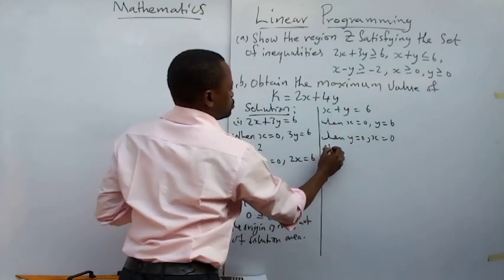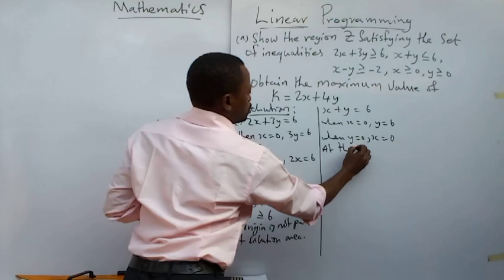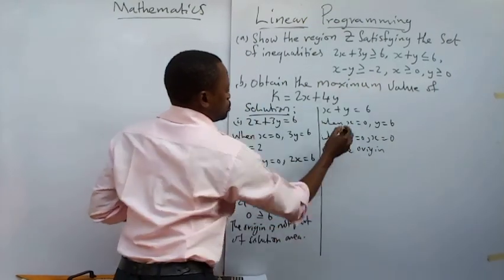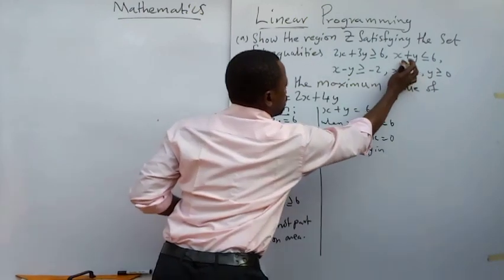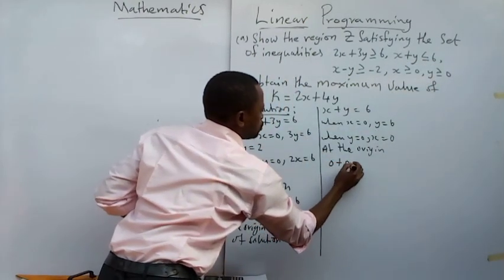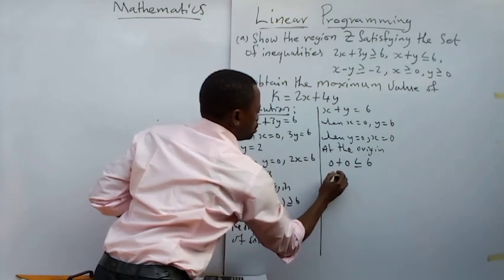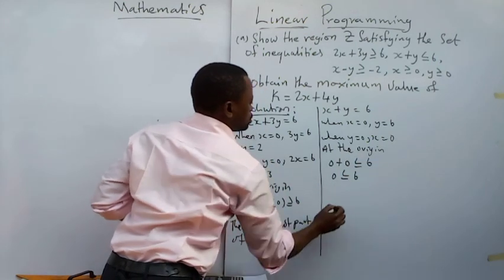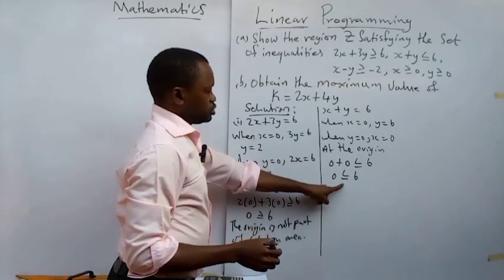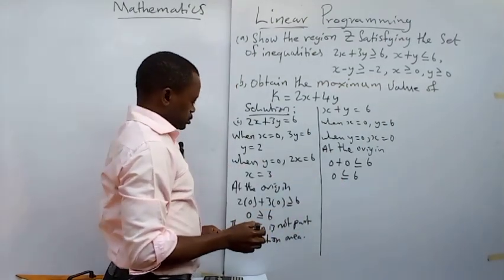Now, at the origin, we check, look at it, x plus y less than or equals to 6. So 0 plus 0 less than or equals to 6. Is 0 less than or equals to 6? Yes, 0 is less than 6. Okay, this is logically correct.